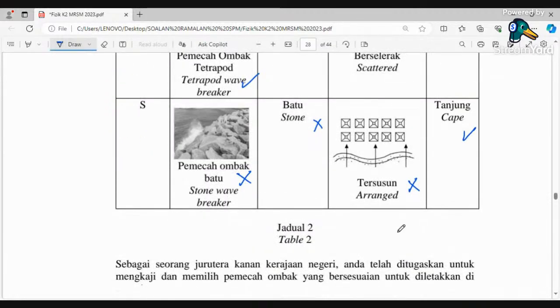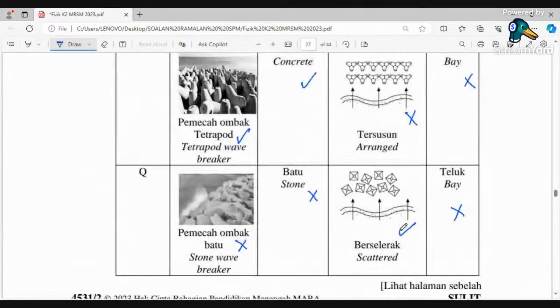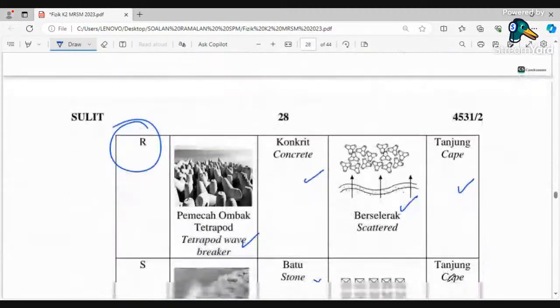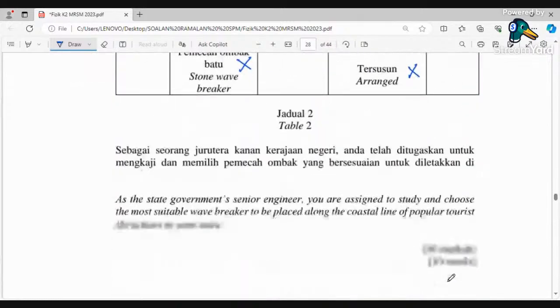Ini bukan resort ini lain ya. Kalau yang resort tu kita pilih B lah, sebab dia less wavy. Okay, jadi yang ni untuk to overcome the high wave atau strong wave, kita panggil wave breaker, mestilah pasang dekat kawasan yang high wave atau strong wave. Jadi strong wave tu ada di mana? C, bukan D. Jadi jawapan dia R.